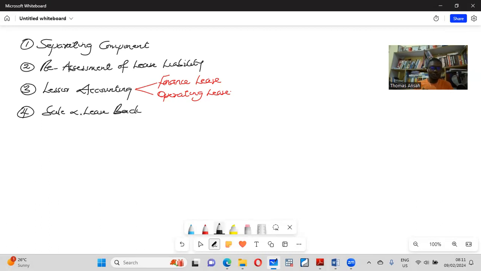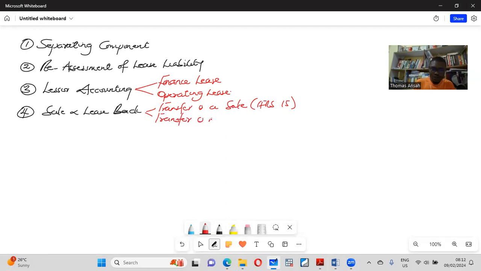All right. Okay, so that is that. And here we're going to focus on when the transfer is a sale, meaning that the transfer fulfilled the recognition criteria of IFRS 15, and where the transfer didn't fulfill the criteria of IFRS 15.